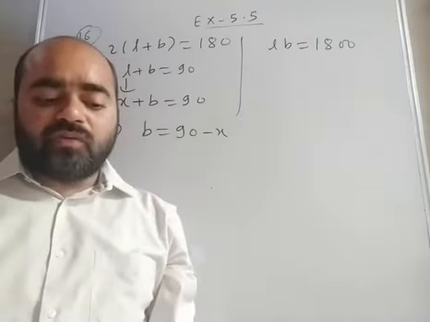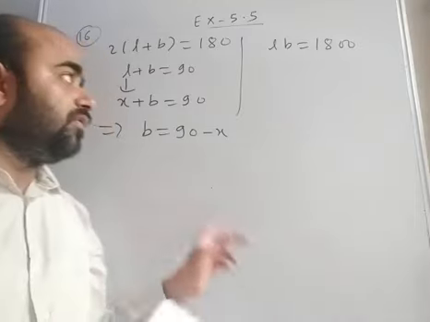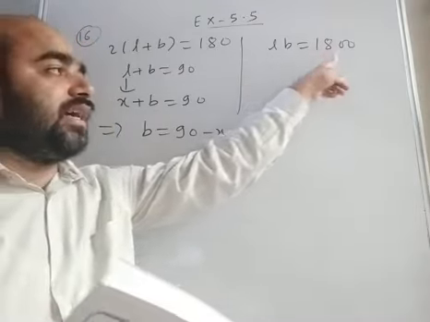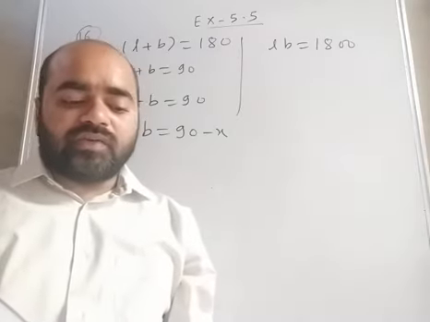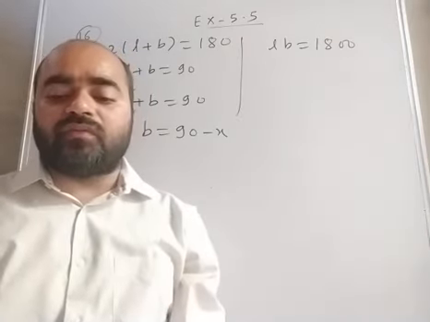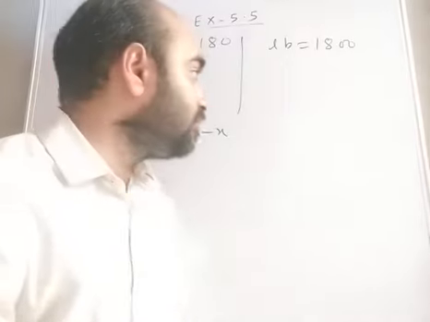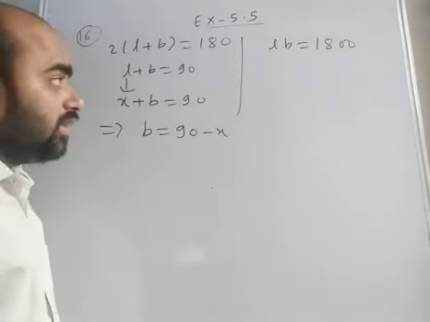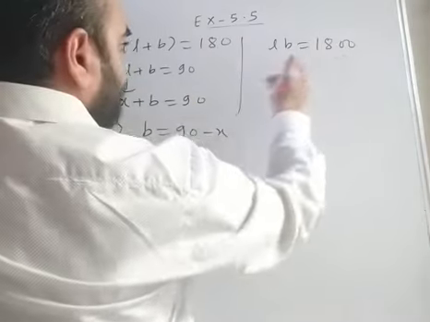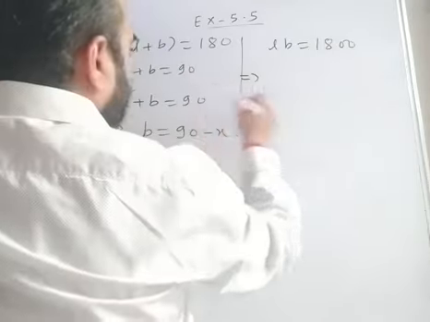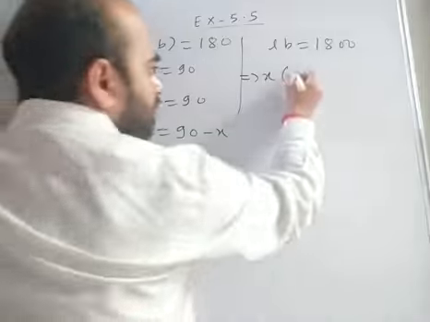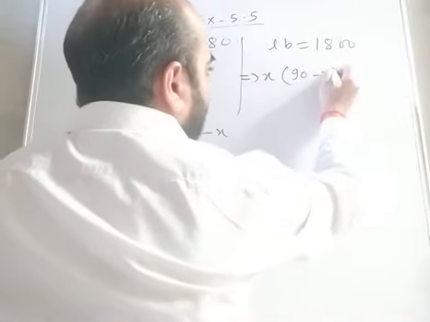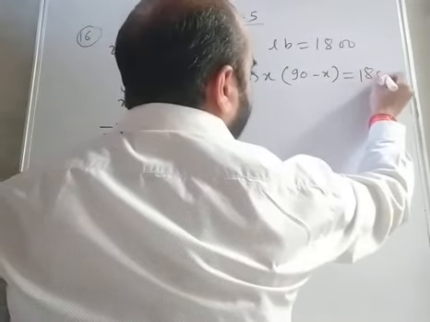Now use the values of length, breadth and the area to write an equation in x. Solve the equation to calculate the length and breadth of the plot. It means now we have to use this equation: LB is equal to 1800. L is x, B we have calculated, that is 90 minus x, is equal to 1800.